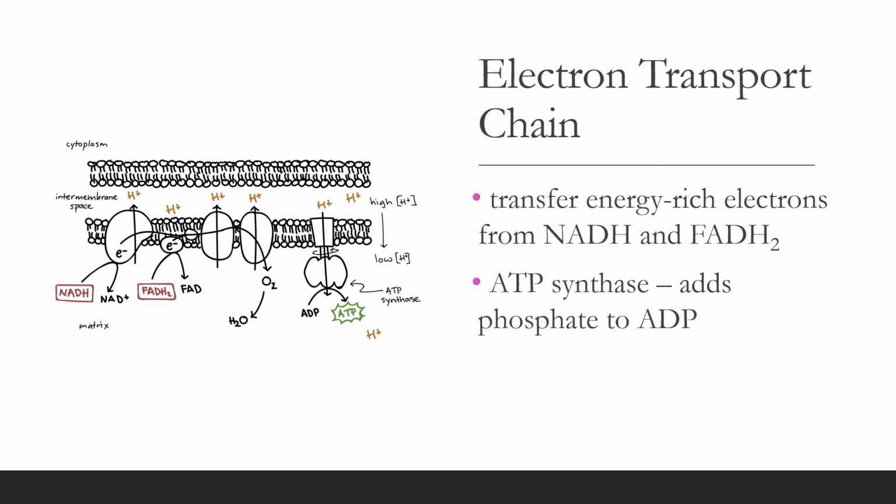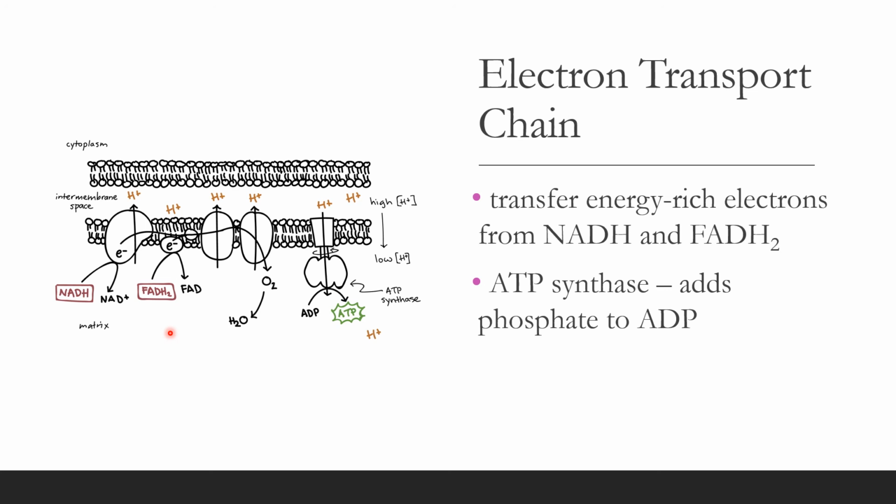The electron transport chain transfers energy-rich electrons from NADH and FADH2 through a series of membrane proteins. As electrons pass from carrier to carrier, the energy is used to create a gradient of hydrogen ions. The mitochondrion uses the potential energy stored in this proton gradient to generate ATP.